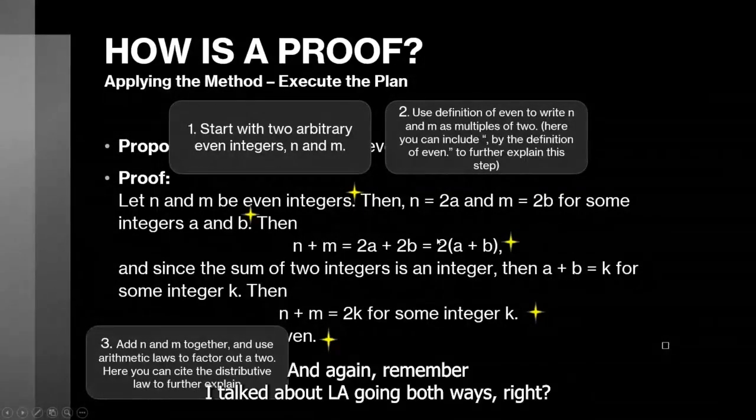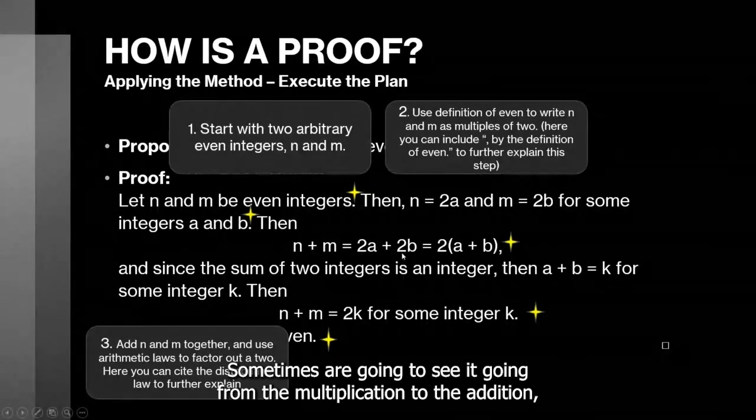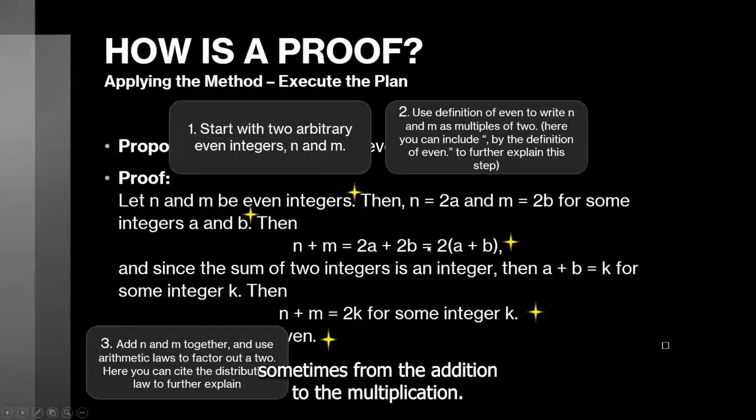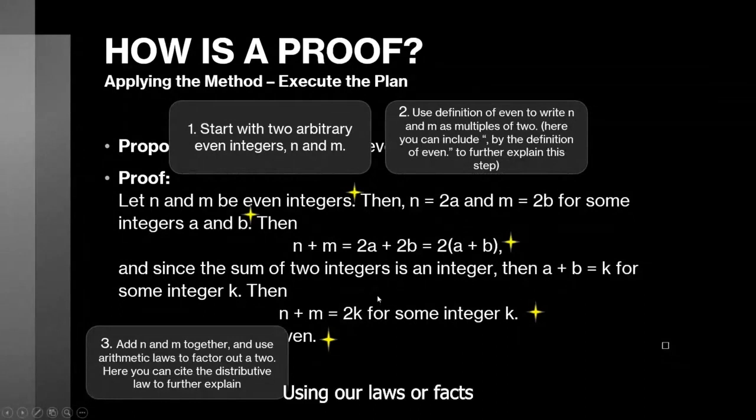Again, remember I talked about the law going both ways. Sometimes you're going to see it going from the multiplication to the addition, sometimes from the addition to the multiplication. All right, so that's the third step: using our laws, our facts, to show that we can write n plus m as a multiple of 2.